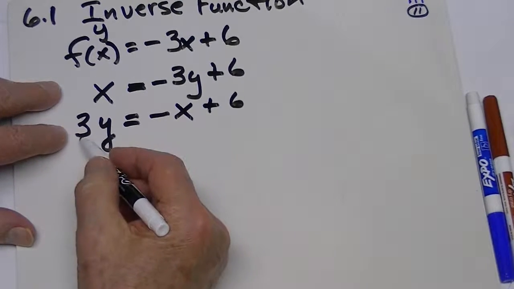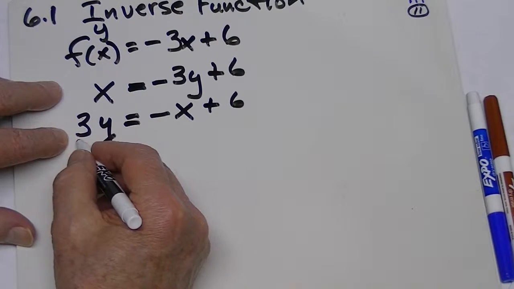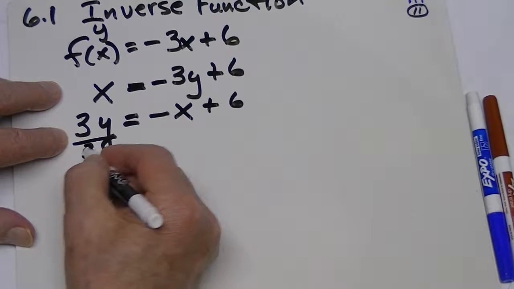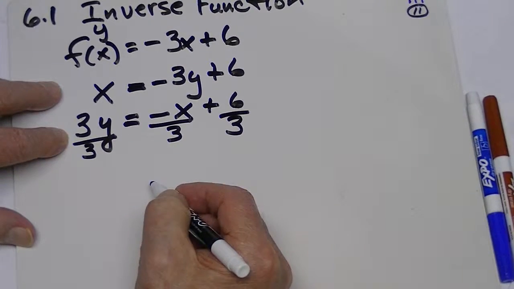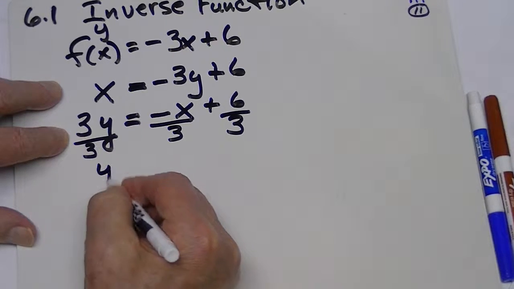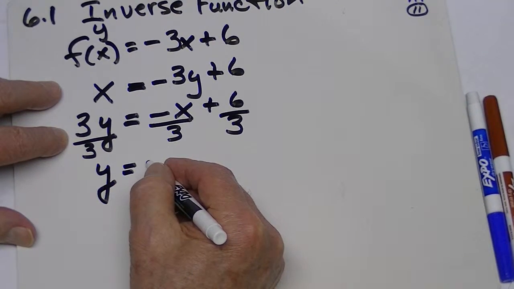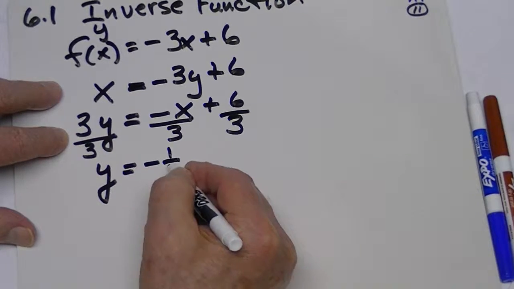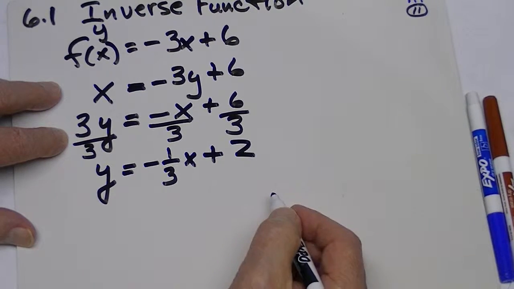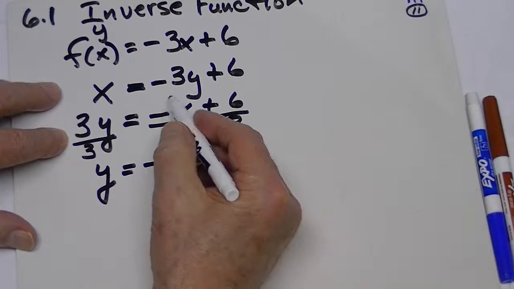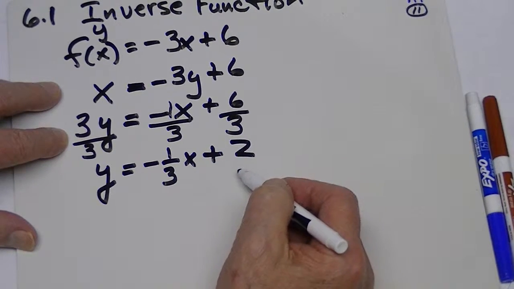Now to solve for y, we divide everything by 3. And we now get y equals negative 1/3 x plus 2. Remember, there's a 1 there, and I'm just separating that a little and doing this division.